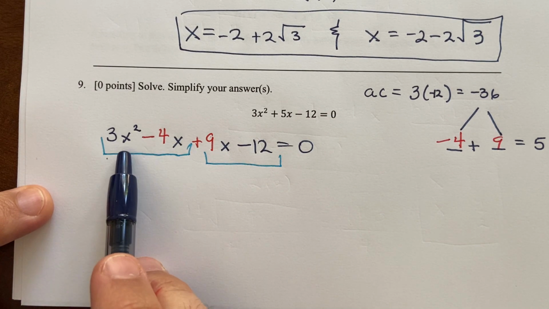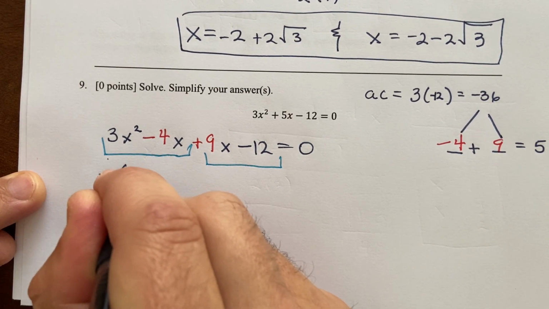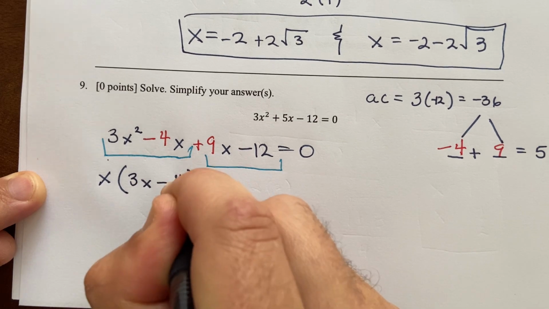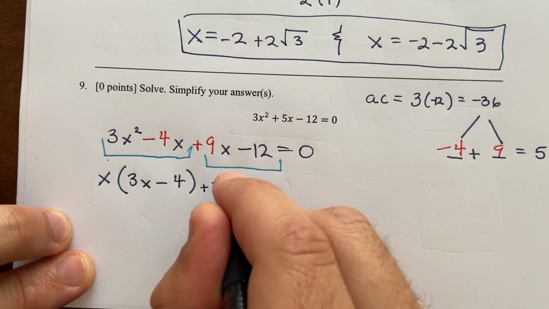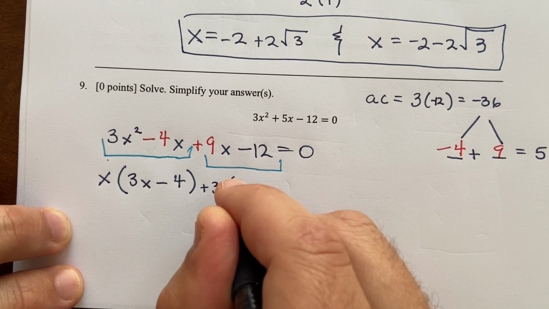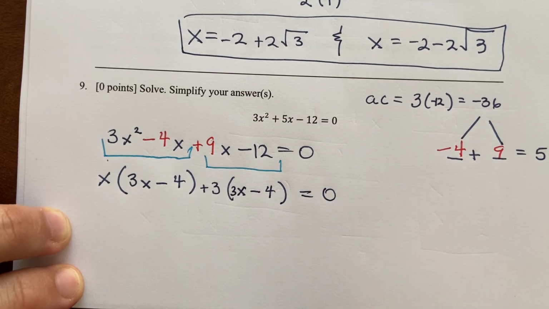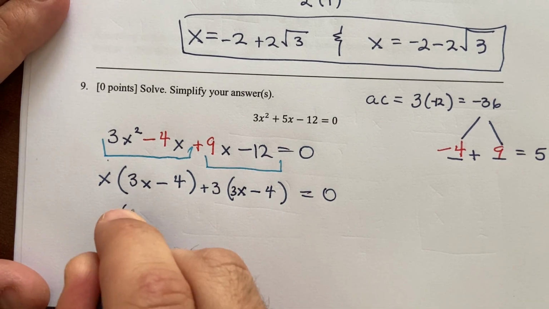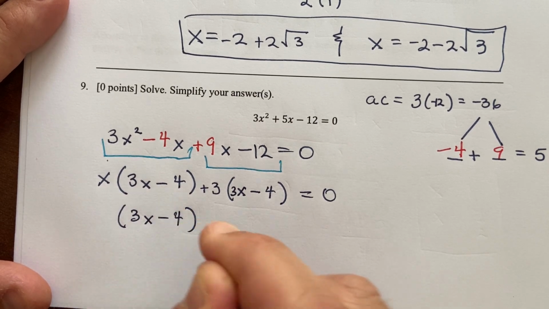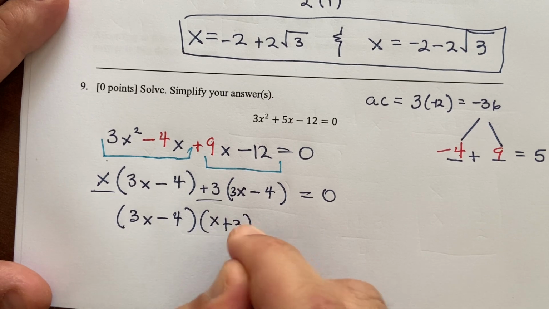Factoring out what's in common, we have an x in common, 3x minus 4. Then I have a 3 in common here, leaving behind a 3x minus 4 again. Now factor out the 3x minus 4, leaving behind x plus 3.